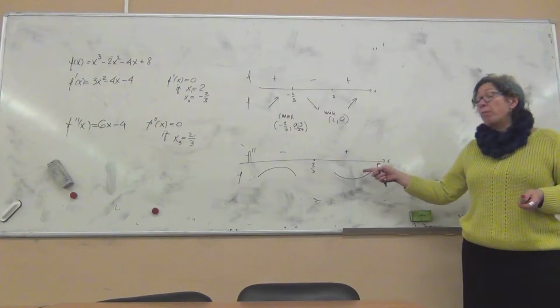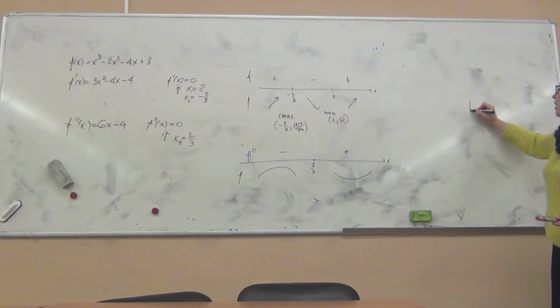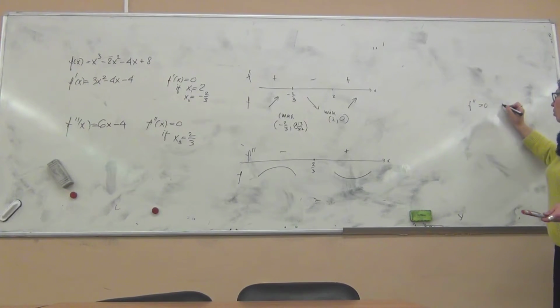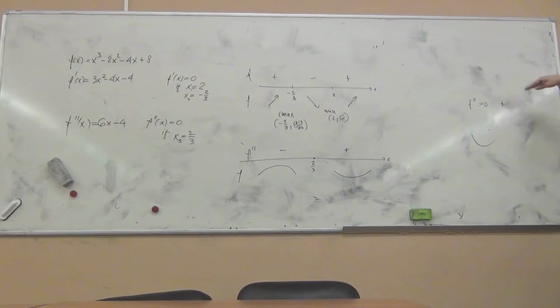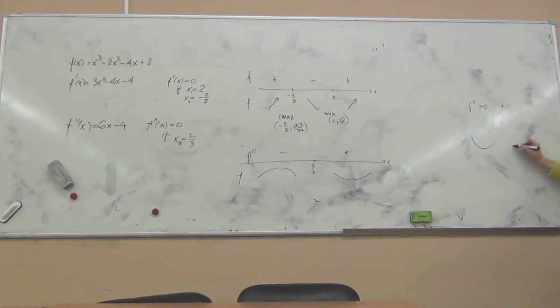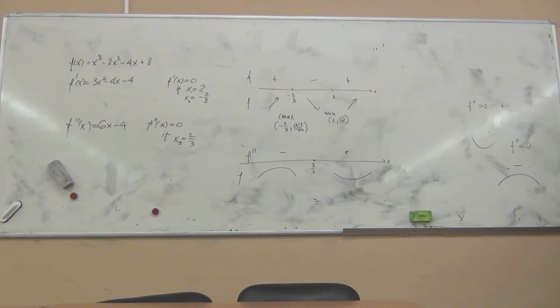How can we remember which way the concavity points? Okay, if the second derivative is positive, we are happy. And so we know that the concavity is up. If the second derivative is negative, we are unhappy, we have a sad face, and so the concavity is pointing down. What's funny? You have it in the paper.